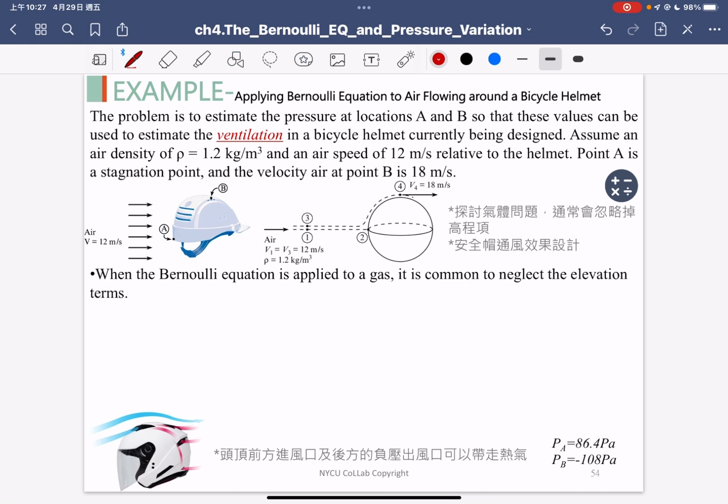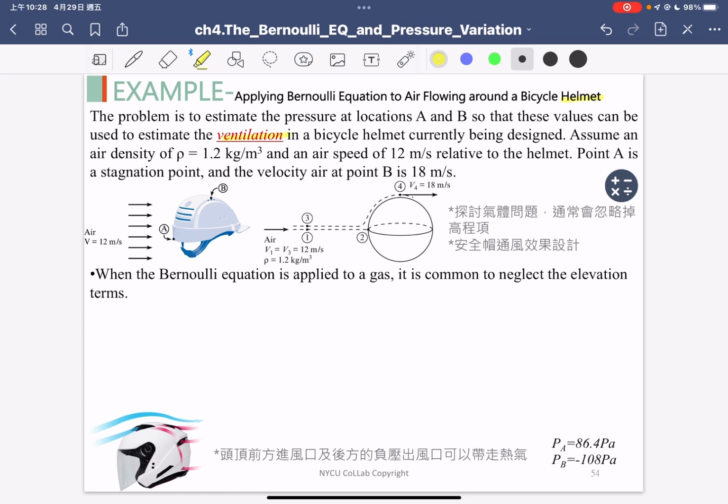This is a safety helmet, and in here we call it helmet. Okay, we call it helmet. So what's the problem for this exercise? We would like to understand the ventilation of the helmet.